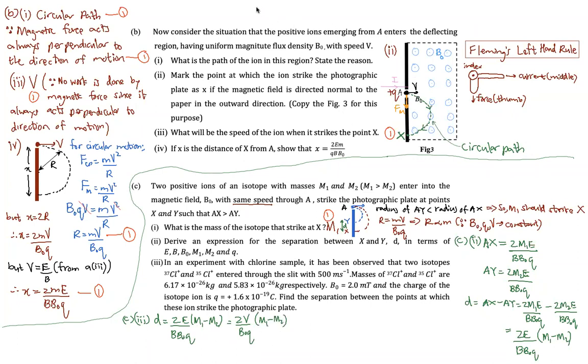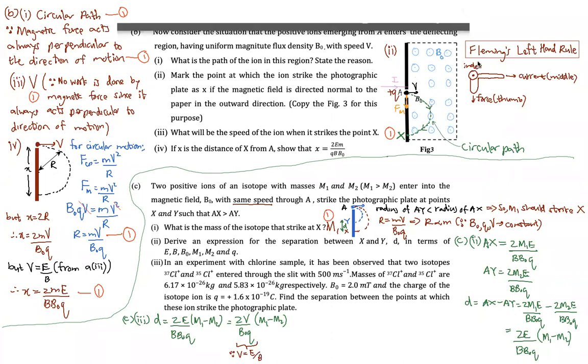So instead of E over B, we can use this equation. They have given us V, that is the velocity. So here I'll just add that part. Because V is equal to E over B.